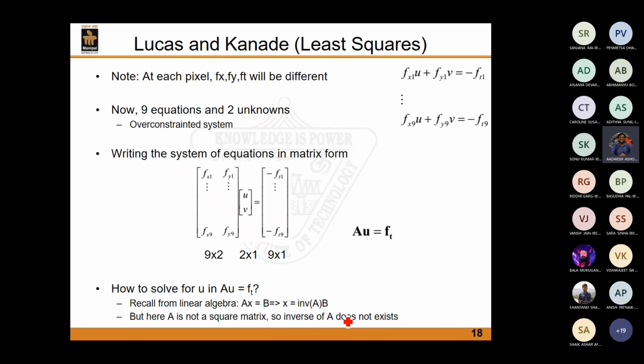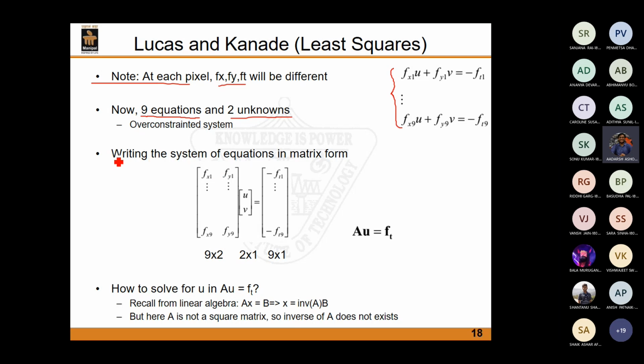As I said earlier, at each pixel the values of fx, fy, ft will be different. Because these are different, you will have a set of 9 equations, one for every pixel you are considering. That means you now have 9 equations and just 2 unknowns, and therefore it would be easy to solve this problem.